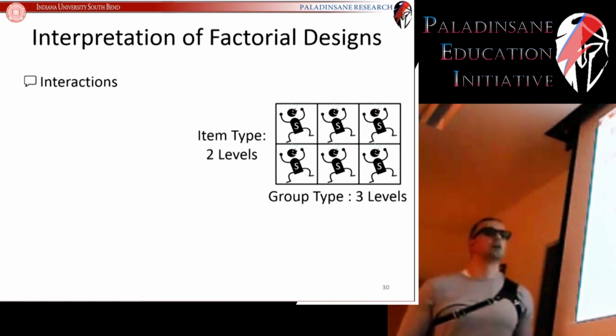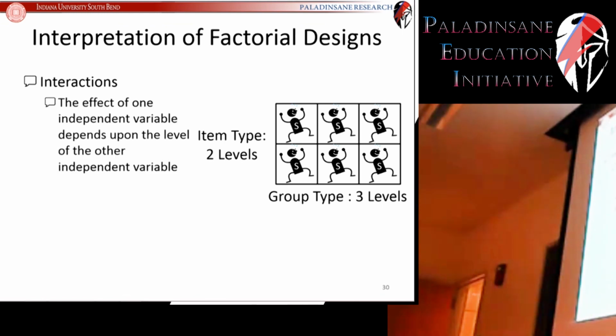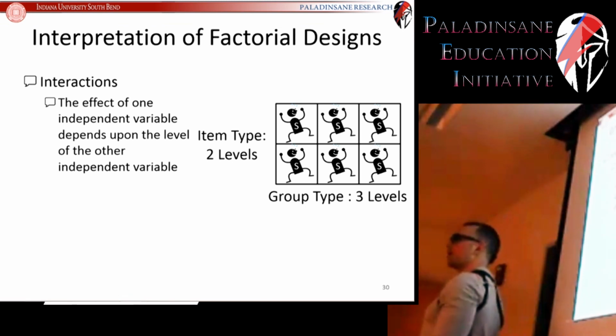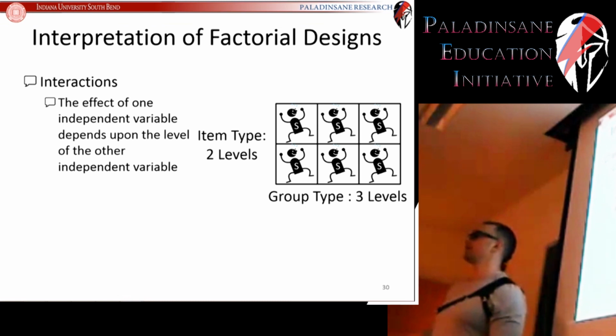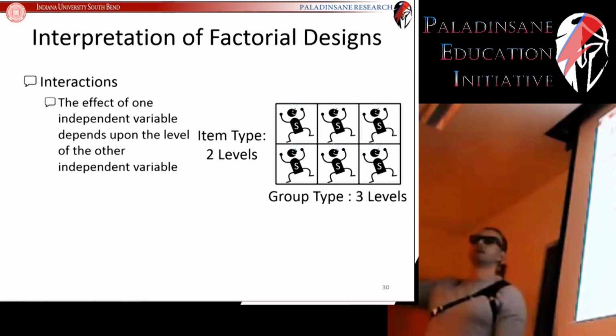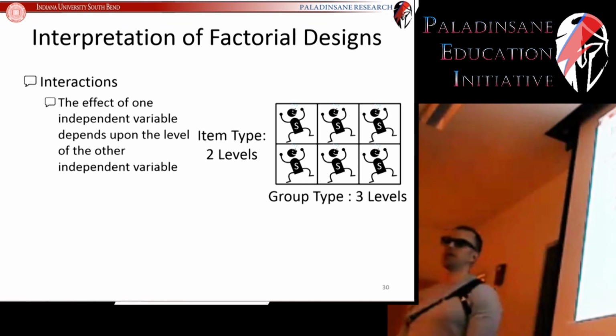So interactions are where the effect of one independent variable, what one independent variable does, depends upon what the other independent variable is doing. So the effect of one independent variable is dependent upon the level of the other independent variable.